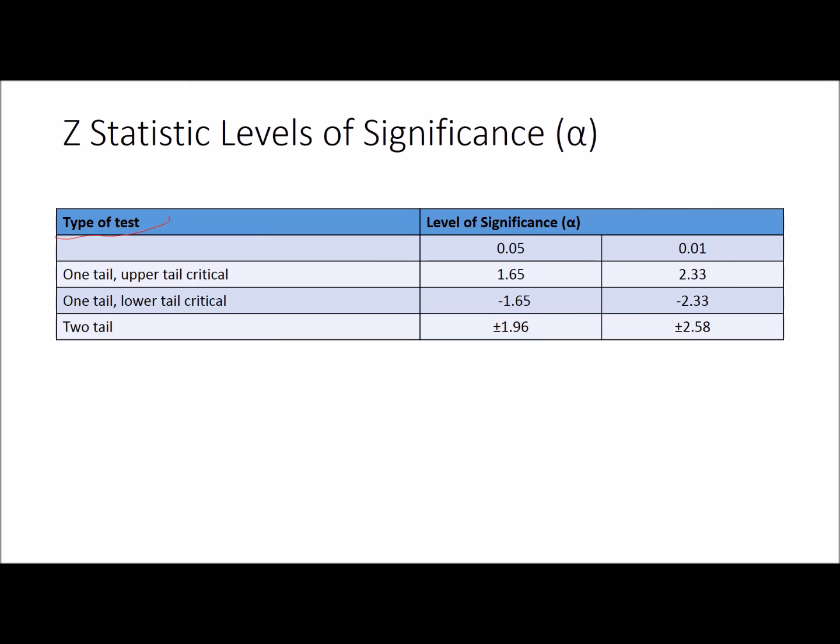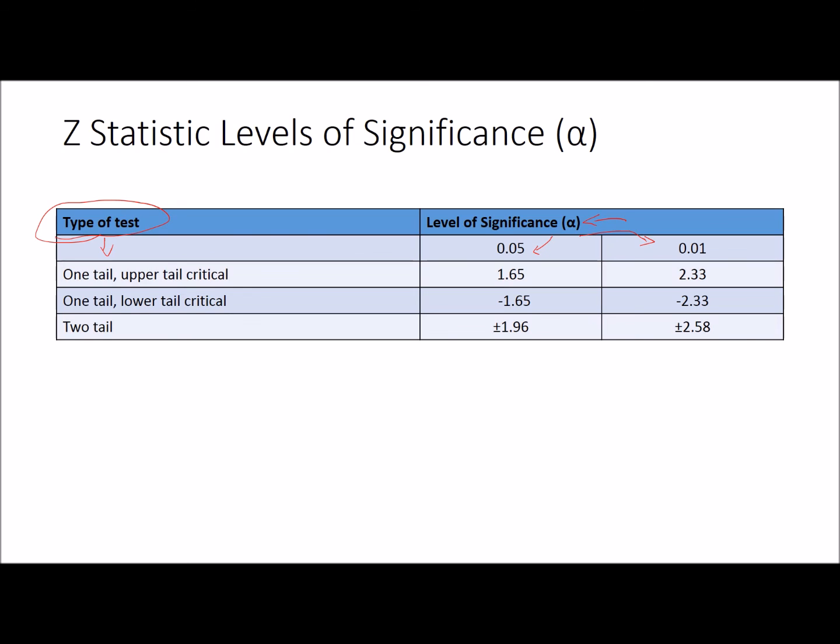Underneath there, you're going to see our one tail, upper tail critical, our one tail, lower tail critical, and our two tail test. Now over here you have the level of significance, and the two levels that the Z deals with, 0.05 and over here 0.01.